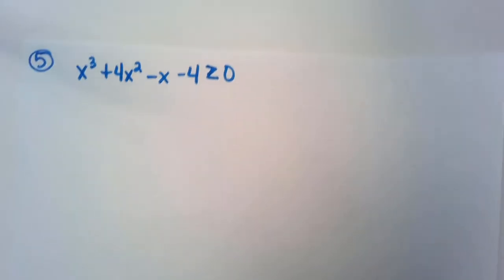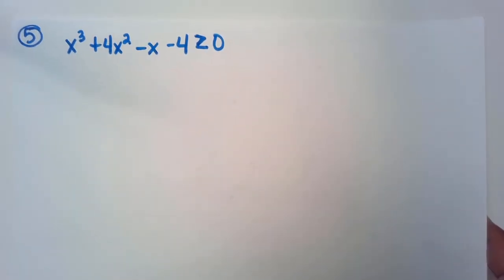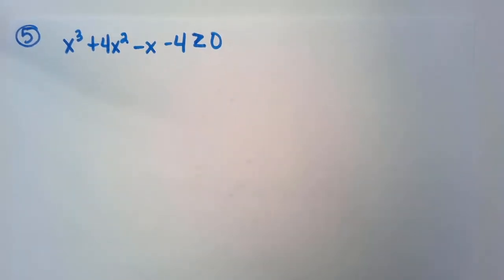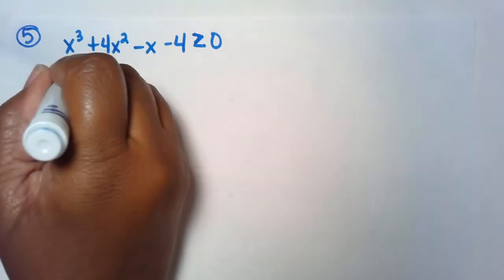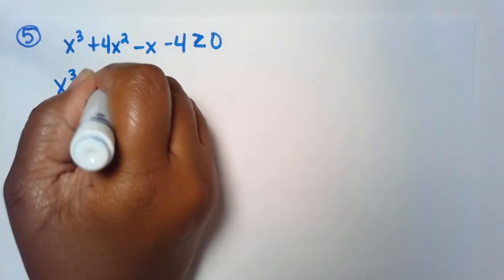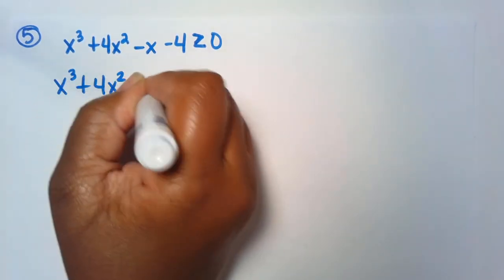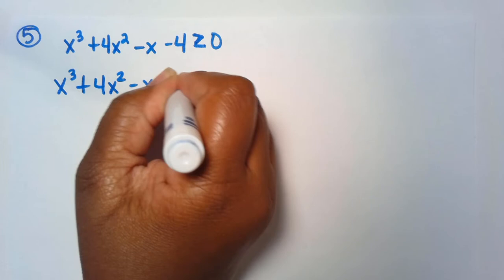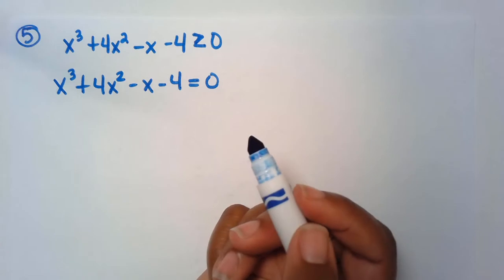Next example. We have here 5x cubed plus 4x squared minus x minus 4 is greater than or equal to 0. So we're going to solve the equation of this. Whenever we have 4 terms, what's the name of the factoring method?